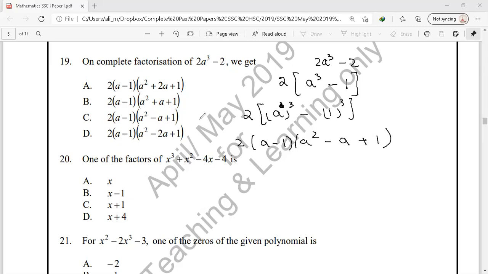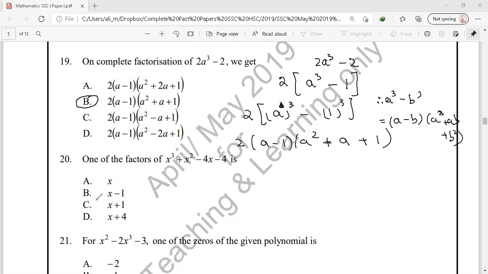So the correct option for this question number 19 is option B. We will have a plus sign in this. If we write the formula here, a cube minus b cube is equal to (a minus b)(a square plus ab plus b square). So the correct option in question number 19 is option B.